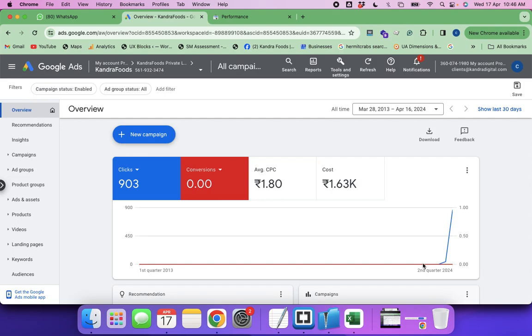We have learned about launching search campaign, display campaign, YouTube campaign, performance maximum campaign, demand generation campaign, and what else? Yeah, these are the five different types of campaigns that we have learned. Different kinds of campaigns that we can launch.